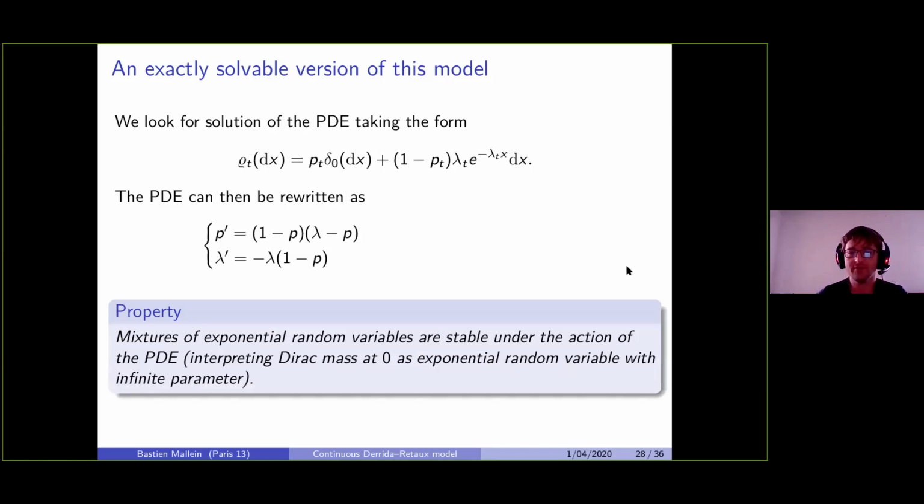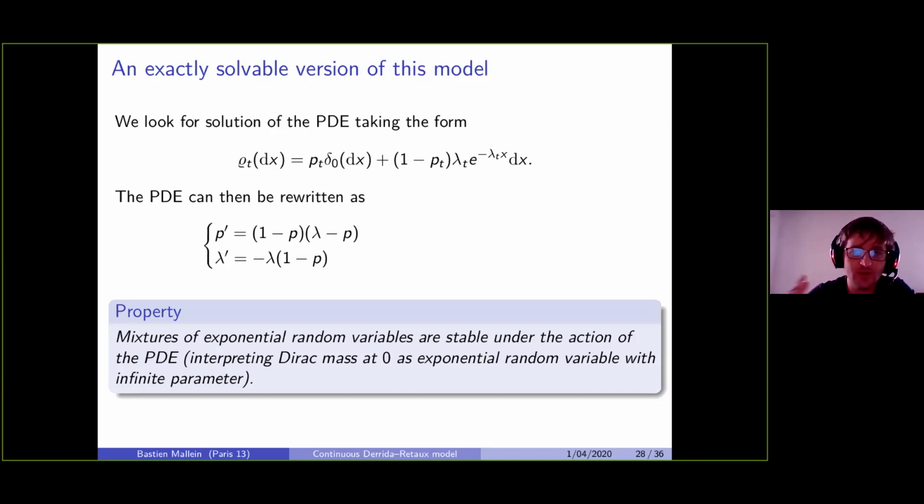And we have this nice property that mixtures of exponential variables and Dirac mass at 0 are stable under the action of the PDE. So we can use it to reduce this partial differential equation into a finite dimensional system of ordinary differential equations.